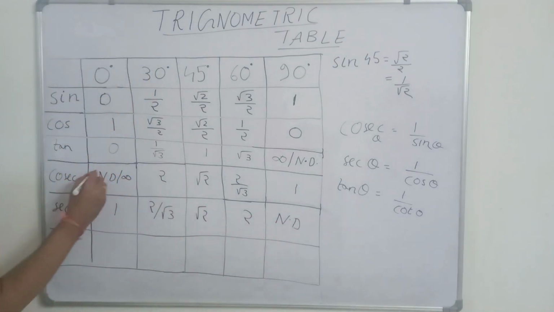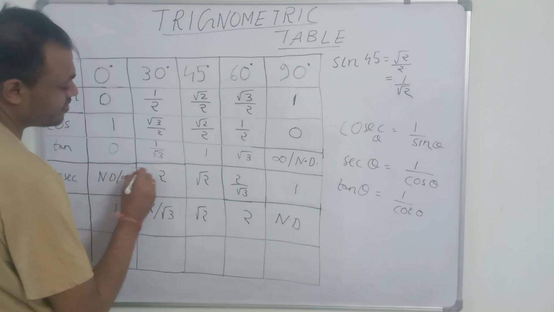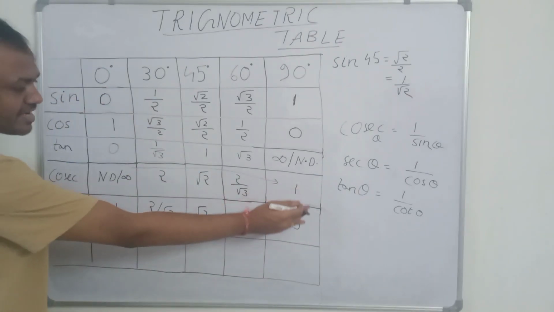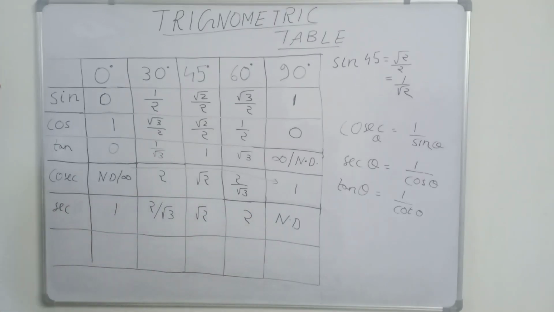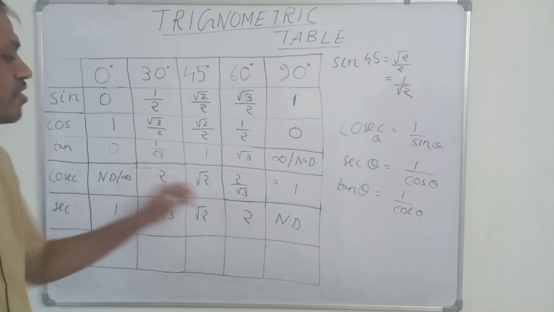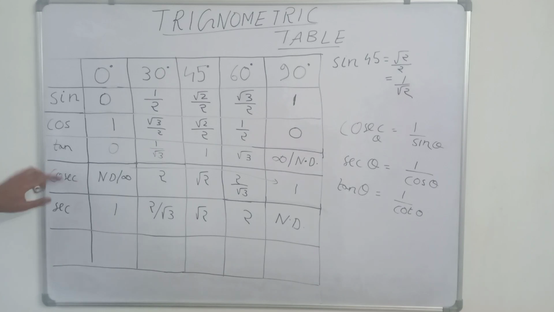So cosec theta values are written from here to here, and for sec theta just write these values from here to here in this way. So first write 1, then 2 upon root 3, root 2, then 2, then not defined. So sine and cos, and cosec and sec follow the same thing.